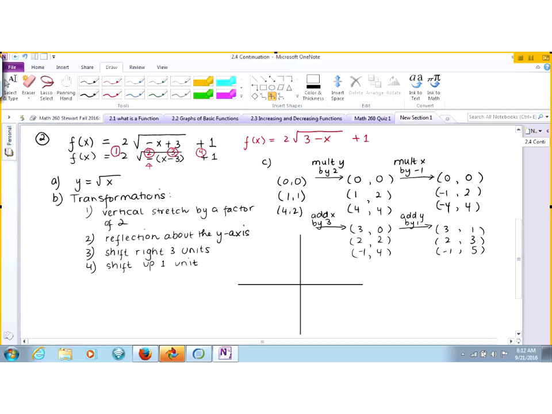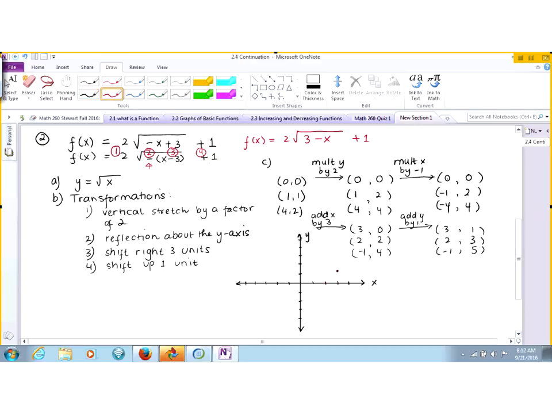All right. Maybe I should graph it here. Okay. All right. Let me see. Negative 1, 5. So 1, 2, 3, 4, 5. 1, 2, 3, 4. 1, 2, 3.